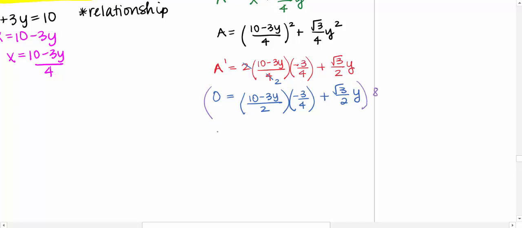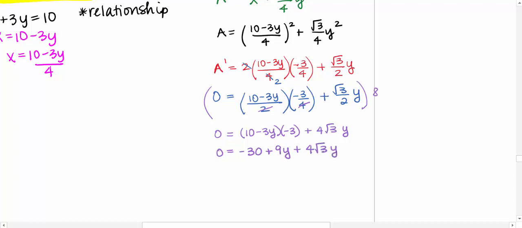So 0 times 8 is still 0. This would divide to 1, so I just have the 10 minus 3y times negative 3 left, plus 4 rad 3 times y. So I'll distribute that negative 3, so it's negative 30 plus 9y plus 4 rad 3 times y.